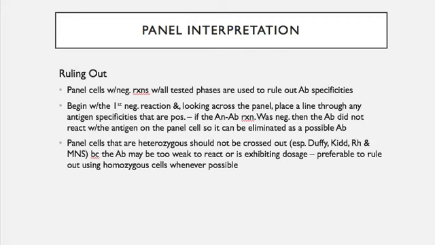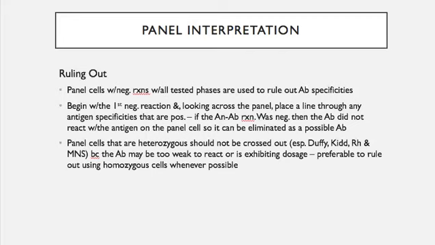Because if the patient has not reacted at any phase of testing with that donor cell, then the patient cannot have an antibody to any of the antigens that that donor cell was positive for.